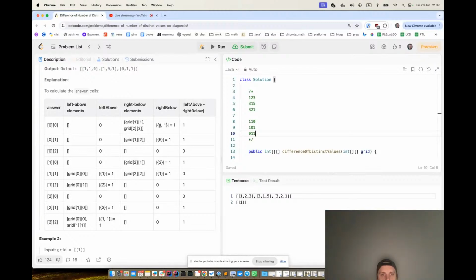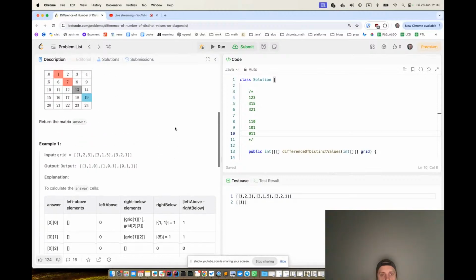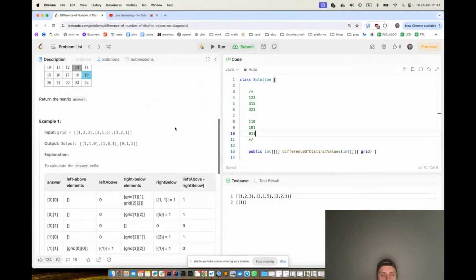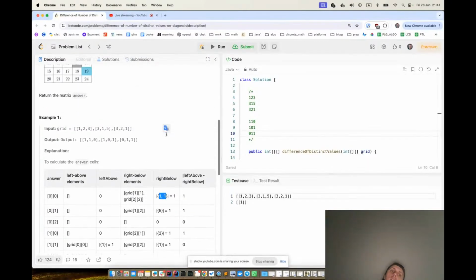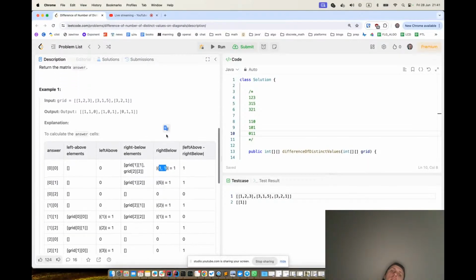So we have 1 and 1, equal to 1. Right below we have 1 and 1, and left above is 0.